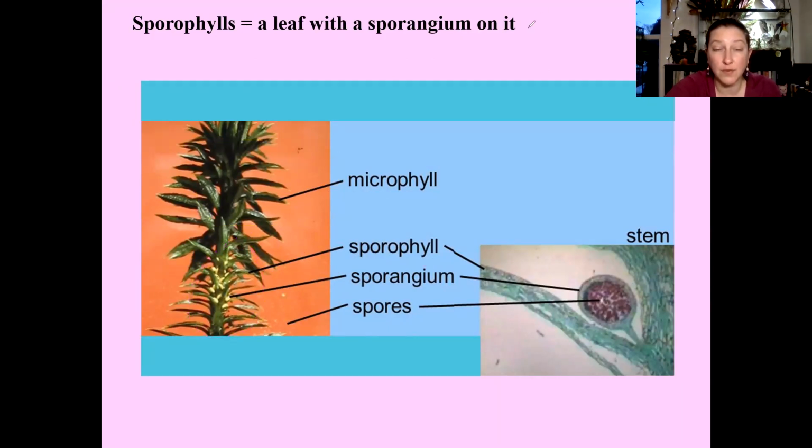If you're going to do a close-up of a sporophyll under the microscope slide, that's what this is showing you here. This green thing down here is the sporophyll, and this thing that's attached to it is the sporangium. And obviously inside the sporangium are the spores.